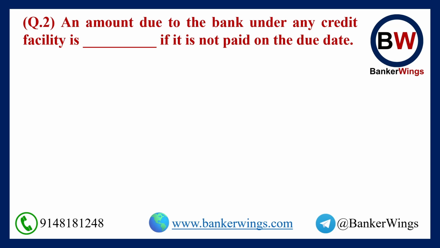The date on which a loanee or a borrower has to pay a certain amount to the bank is called the due date. So if a borrower does not pay the required amount on a due date, what is such an amount called? That is the question.